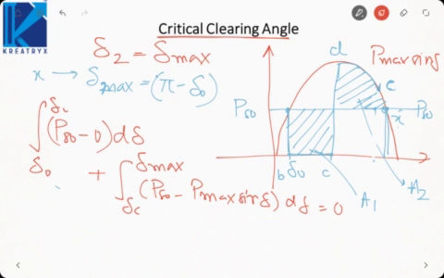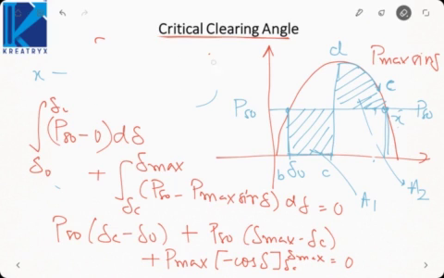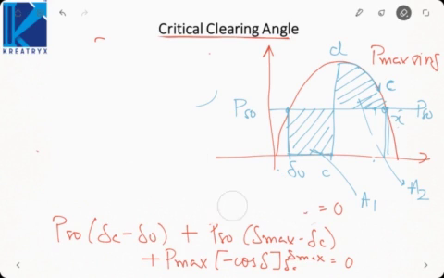This must be 0. So this will be PS naught into delta C minus delta naught plus PS naught into delta max minus delta C. Sine delta integration is minus cos delta, from delta C up to delta max. This must be 0.